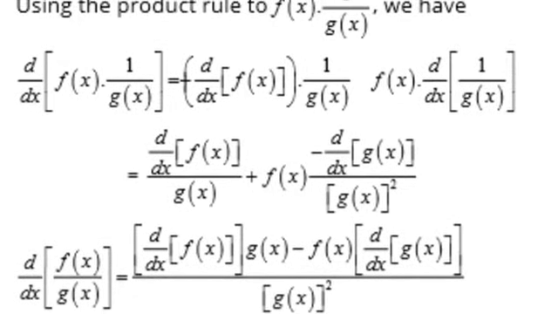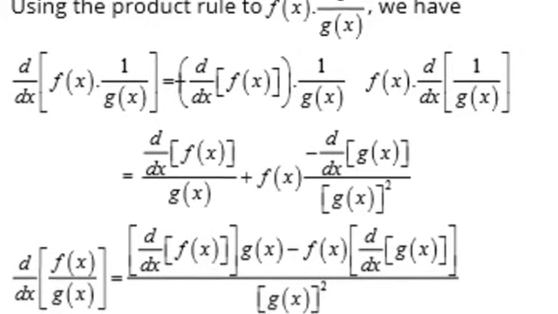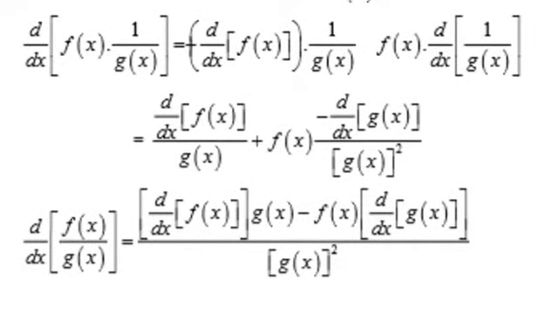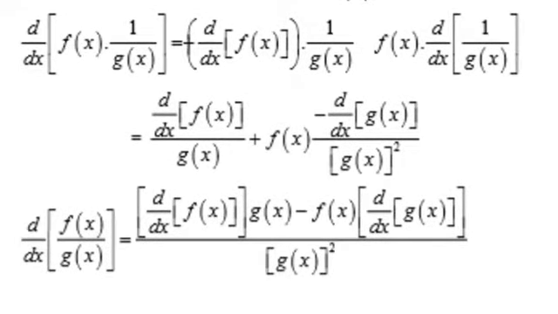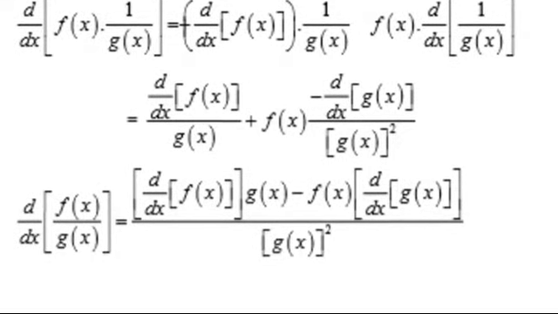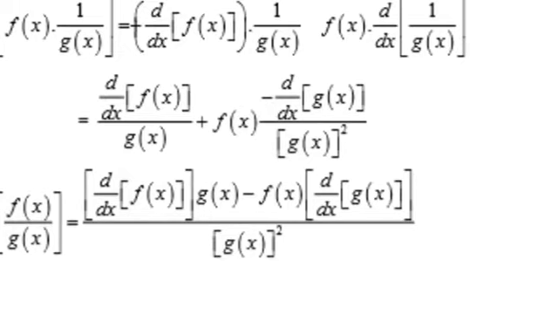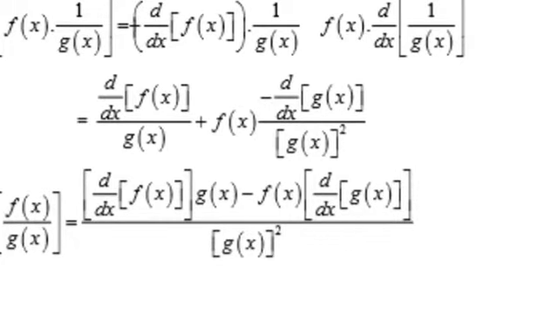The derivative of the first is f dash of x, and the derivative of the second is minus the derivative of the function over its square, and then taking LCM. But the first proof is easier than this.